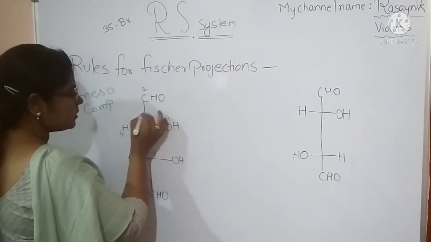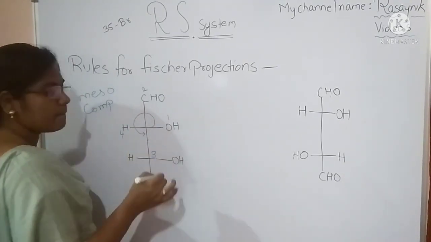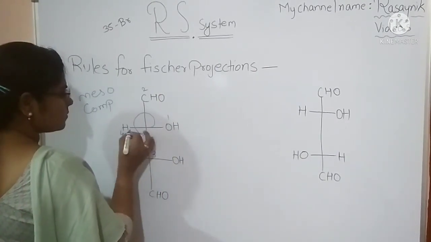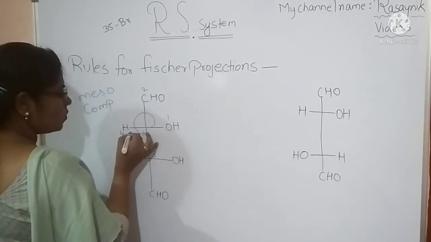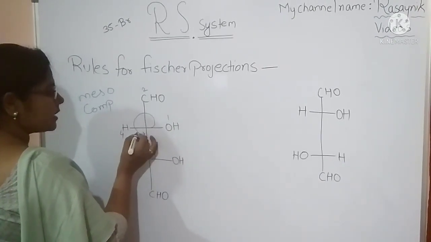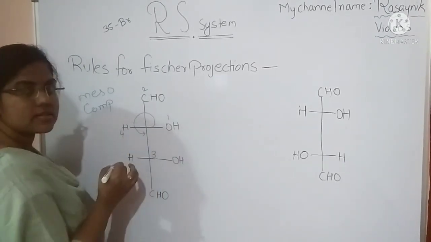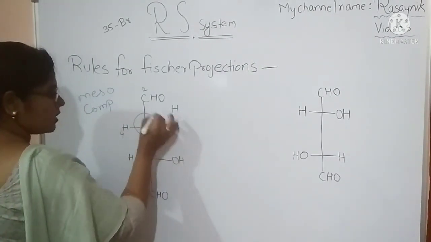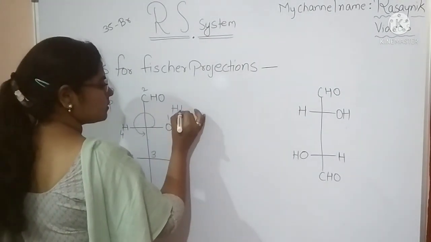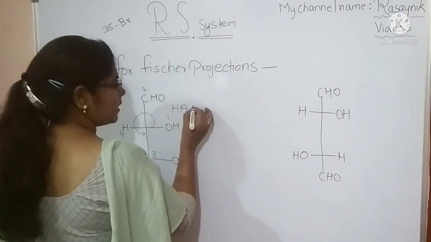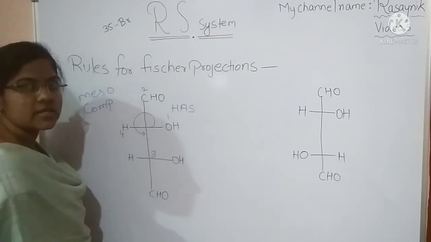How will it rotate? Like this. The least priority group hydrogen is present on the horizontal side, so H, anti-clockwise direction A, automatically it will become S configuration.